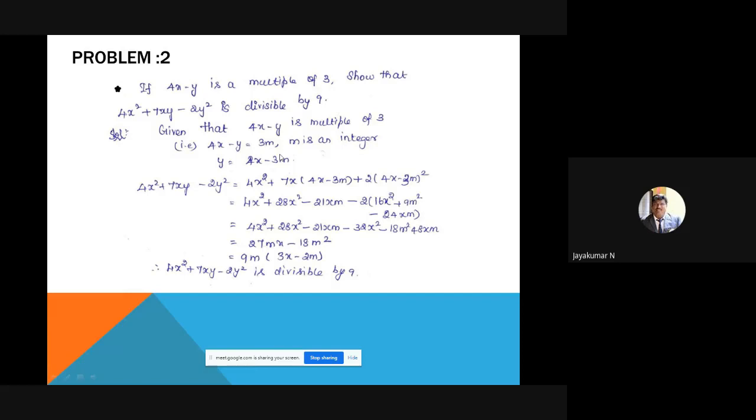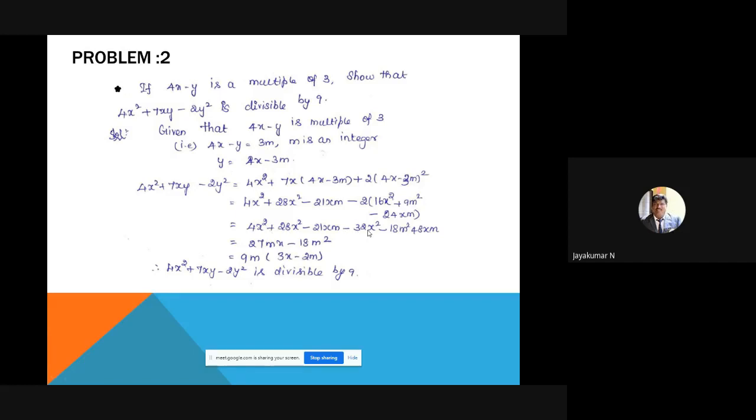Apply this conversion in 4x square plus 7xy minus 2y square. We will get 4x square plus 7x into (4x minus 3m) minus 2 into (4x minus 3m) whole square. Just solve it. Finally, we arrive at 27mx minus 18m square. Because here 4x square plus 28x square minus 32x square becomes 0.